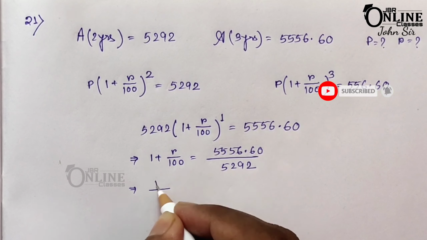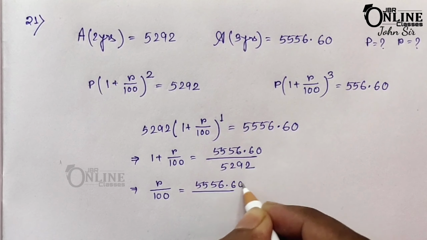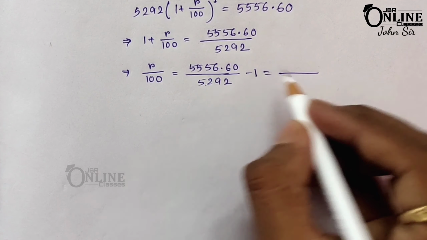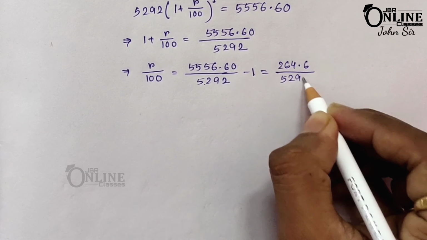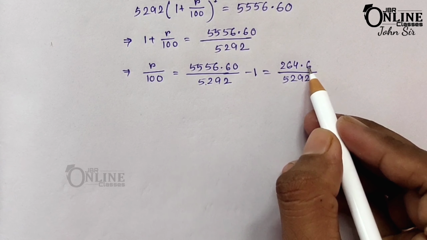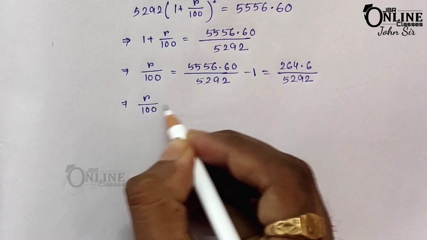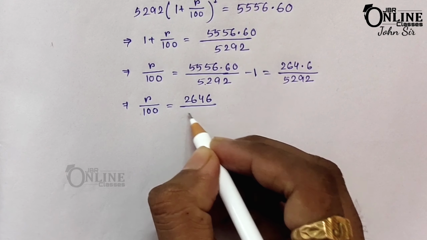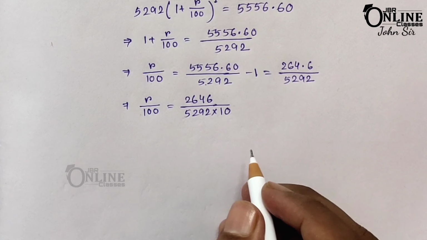Now next, R by 100 equals 5556.60 divided by 5292 minus 1. So that equals 264.6 by 5292. Now you can write R by 100 equals 2646, and that equals 5292 into 10.